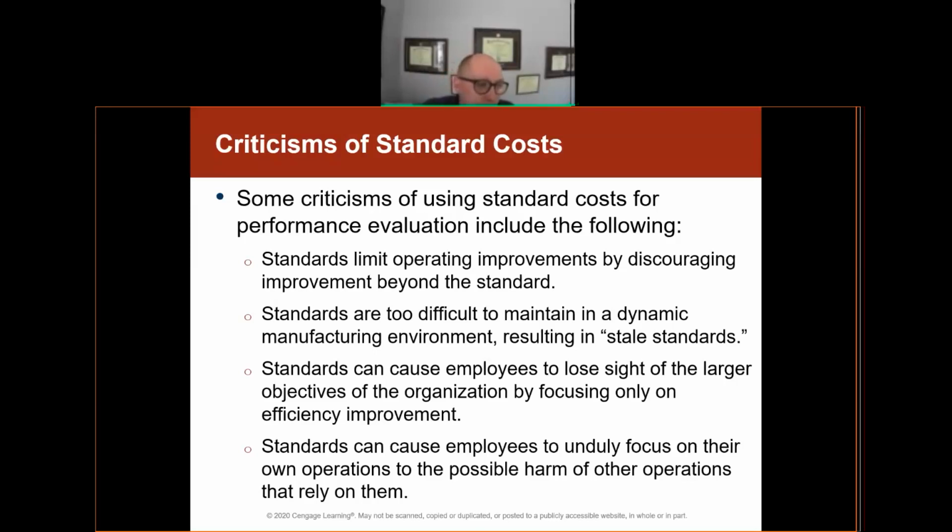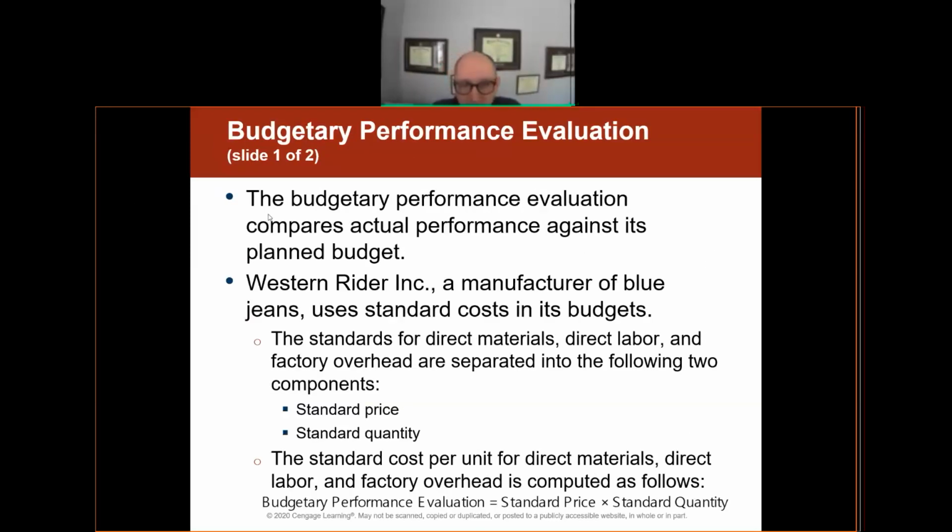I do see it as a benchmark, and to be able to hit that benchmark and exceed that benchmark, sure, yeah. So I guess what I'm saying is take this criticism with a grain of salt, because setting standard costs is not really a limitation in my mind. Your book might say otherwise, but in a practical sense, it's really not much of a limitation.